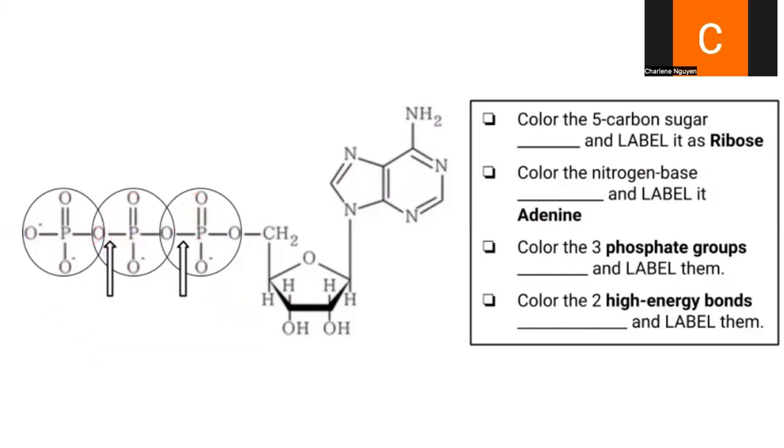And the last one you're going to do is your two high energy bonds. Once again, choose a lighter color and you're referring to these specific bonds right here. The bonds that hold the phosphate groups together are your high energy bonds. So go ahead and color them one color and then label them as your high energy bonds.